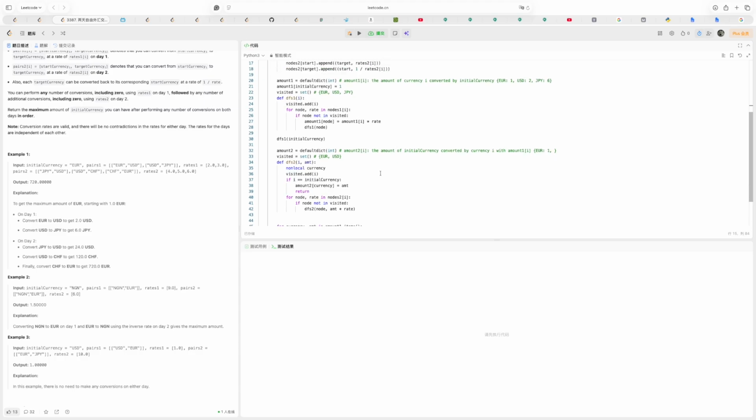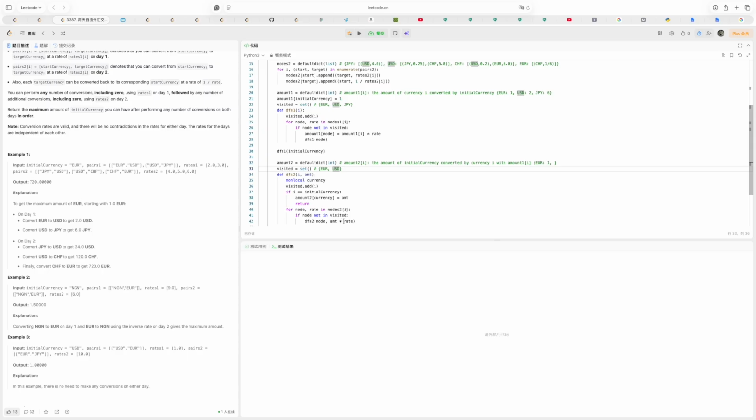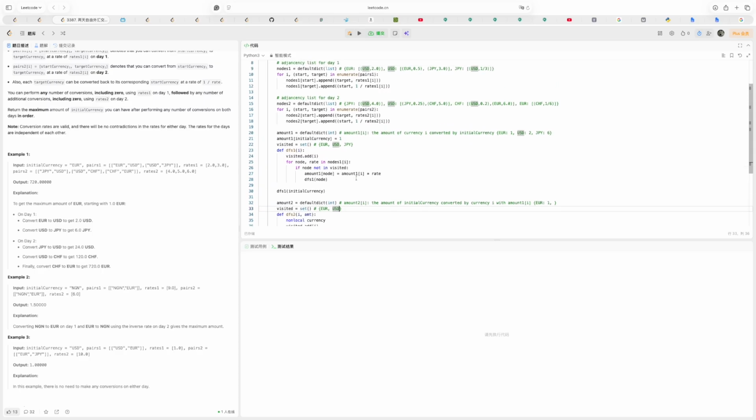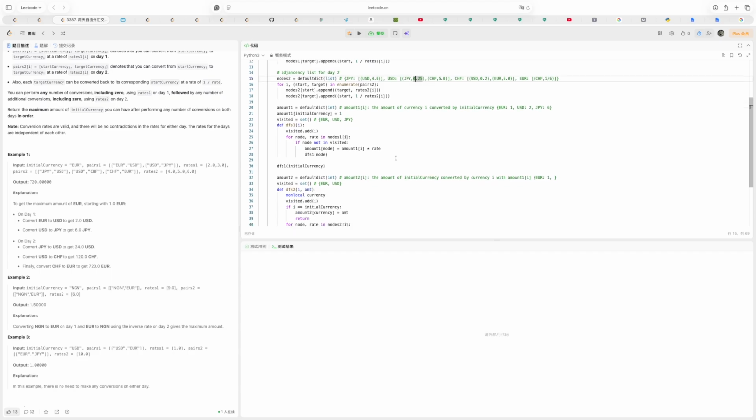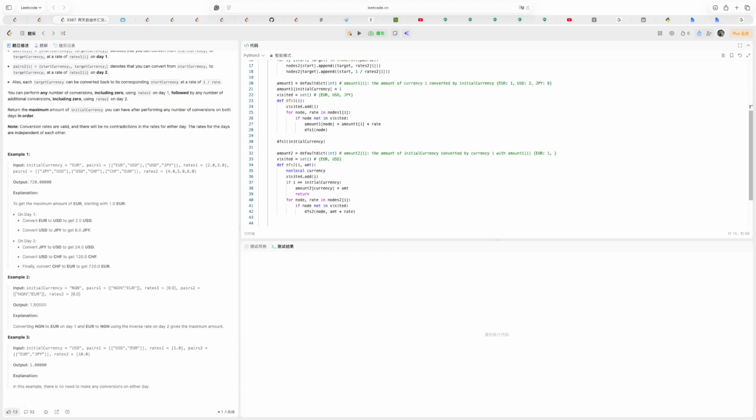For JPY, it's not in the visited set, so we will have the JPY node, and amount multiplied by rate will be 2 multiplied by 0.25, so it's 0.5. So now I'll have JPY with 0.5.